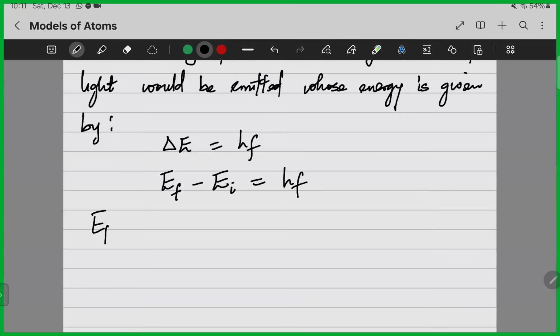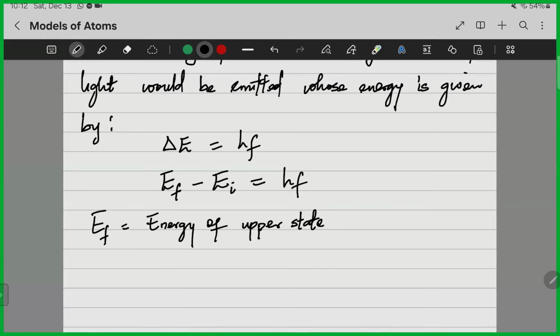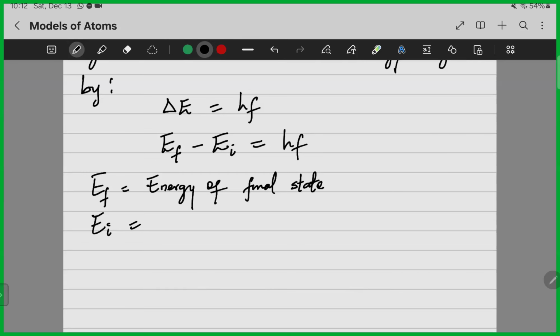Let's explain all those terminologies. ΔE now is the energy of the upper state minus the energy of the lower state. Let's just use upper and lower, U and L. Sorry about that.